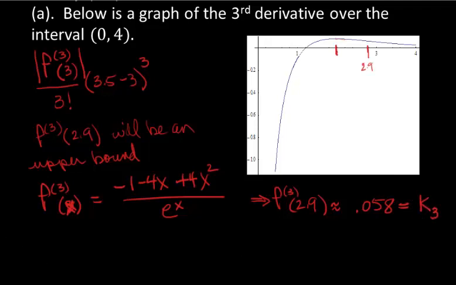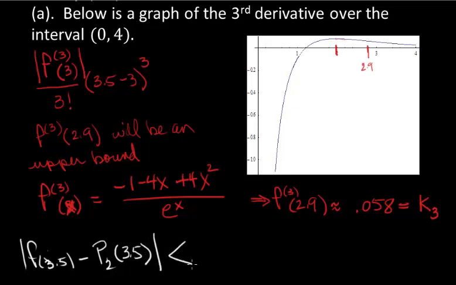So now let's write what Taylor's theorem gives us. The absolute value of f of 3.5 minus the estimate P2 of 3.5, what you get by plugging it into the polynomial, that's the error committed, and that is going to be less than our K3, 0.058, over 3 factorial, which is 6, times the positive difference, 3.5 minus 3, cubed.